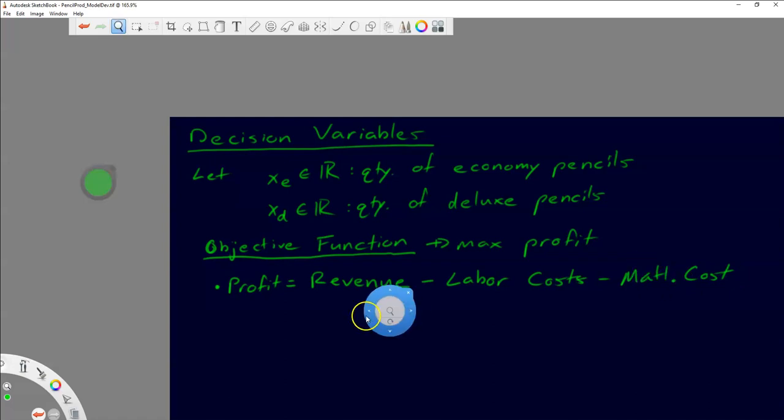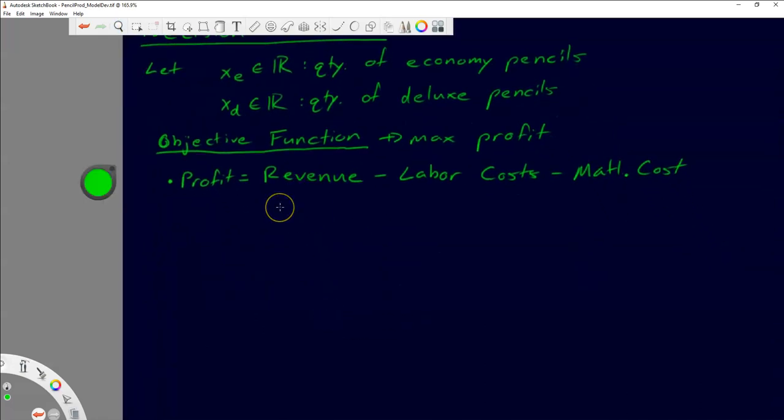So what we need to do is develop a mathematical expression that describes the profit, and here are the pieces of that mathematical expression, and they are also going to have to use these decision variables, which hopefully makes sense given the context of the problem. So let's start with probably the easiest one on the far left here, which is revenue.